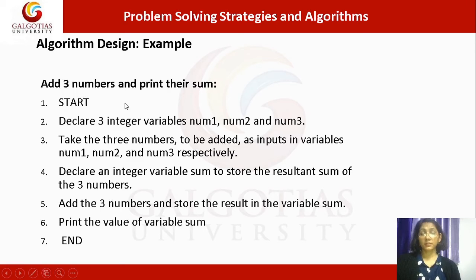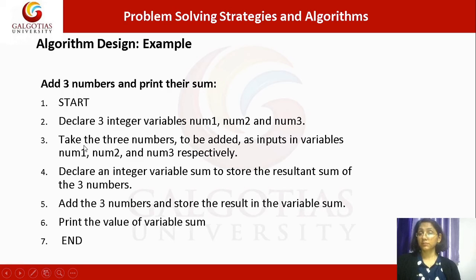Next, here also we are considering the same problem, adding three numbers and printing the sum. So the first statement, as obvious, is start, and the last is end. For adding three numbers, we need three values, so we are declaring three variables, which are termed as num1, num2, and num3. After start, the first statement is declaring three variables.